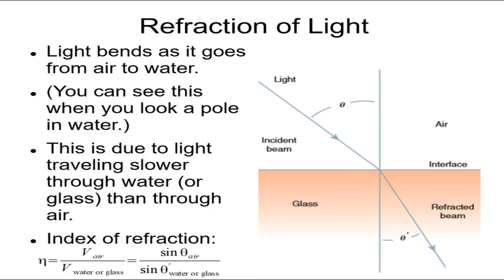Incidentally, light goes through hot air a little bit better than it goes through cold air, so it'll bend if you have hot air on the bottom and cold air on top. Light will actually bend as it goes from the higher, colder air to the hotter air. And this, by the way, is why mirages happen.